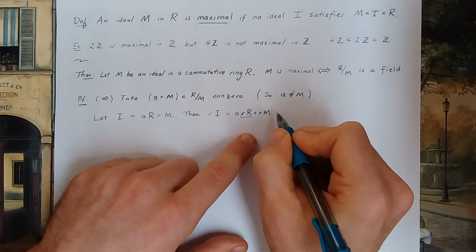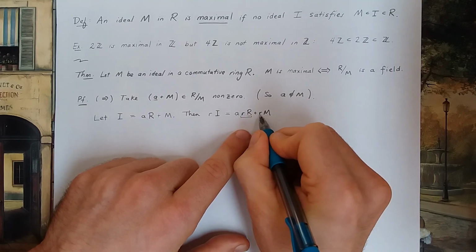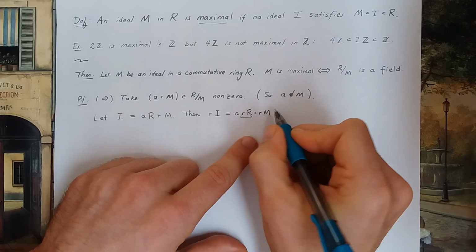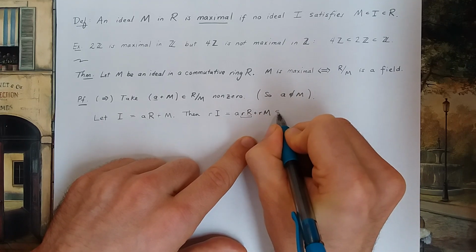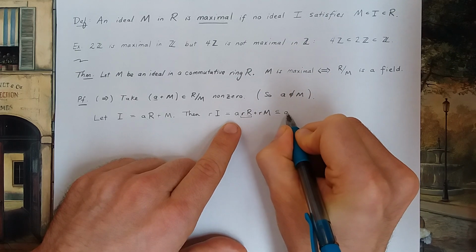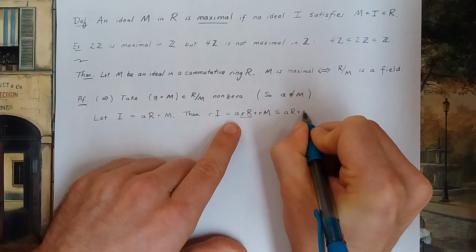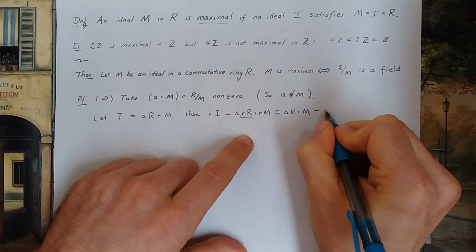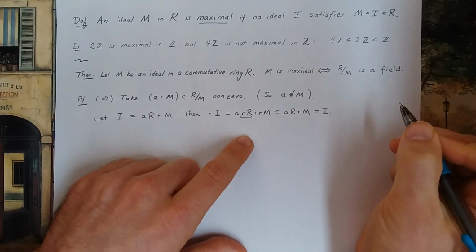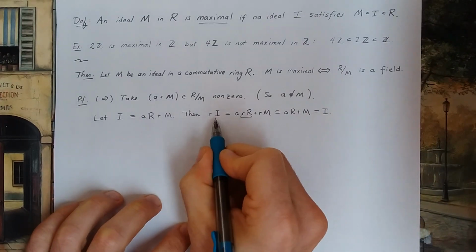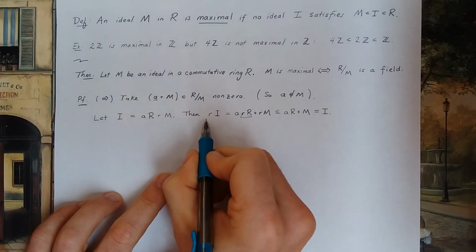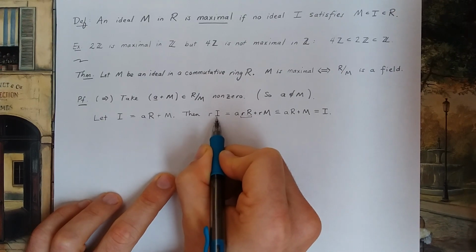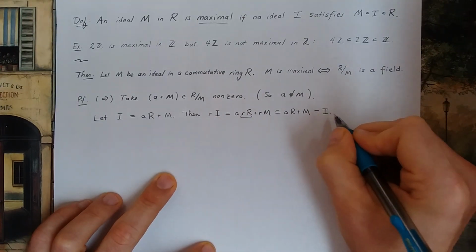And M is an ideal, so when I do little r times m, I land back in M. So this is definitely a subset of AR plus M, that's my set I. Therefore, I is an ideal. I have a commutative ring, so I don't need to check the little r multiplied on the right. This shows I is an ideal.